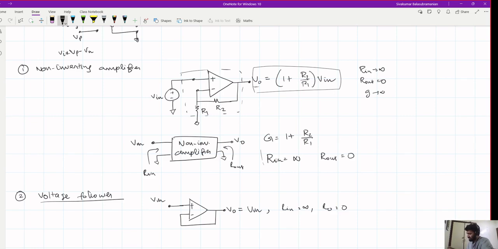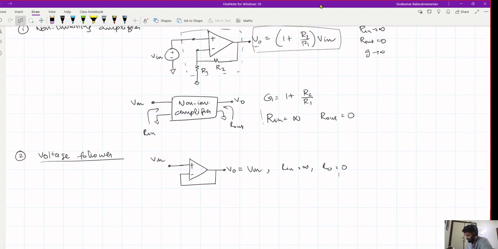And what is the use of something like this? If V in is going to be V out, then what is the purpose of this? It acts like a buffer. If there is low input impedance, adding a voltage follower circuit gives high input impedance. Suppose you have a sensor giving some output, and it has high output impedance.